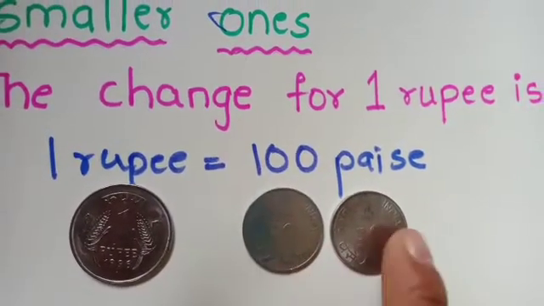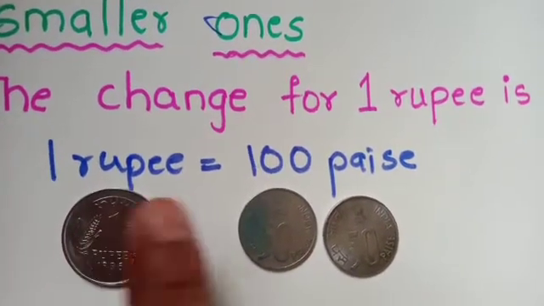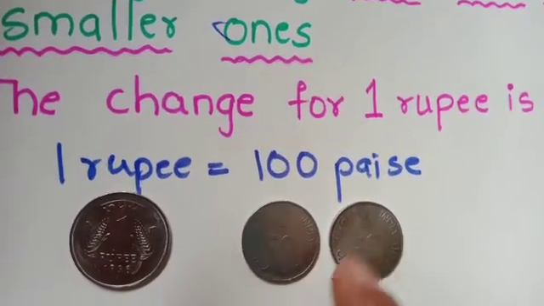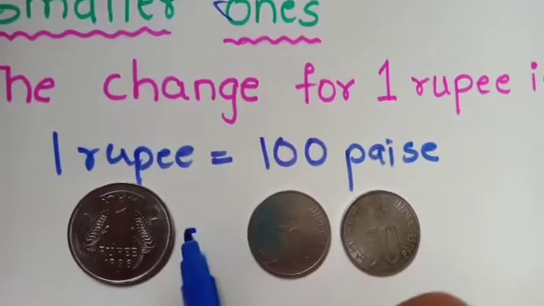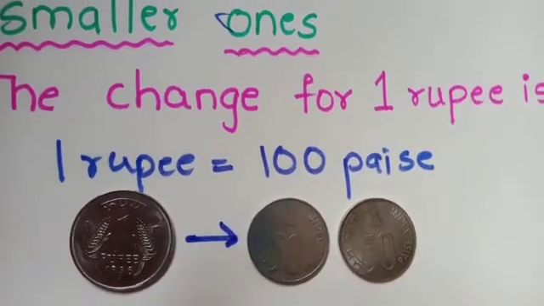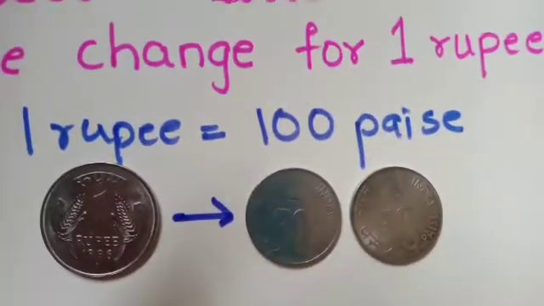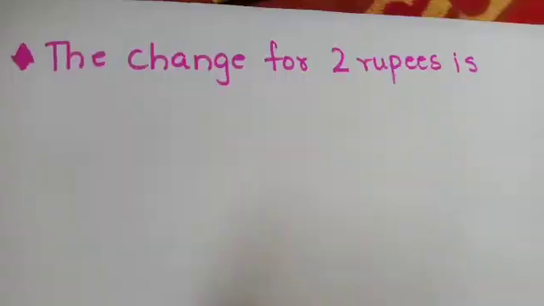As we all know, 50 plus 50 is how much? 100. Therefore, for 1 rupee, we will give 2 50 paise coins. Have you all understood? Now, let us see the next one.